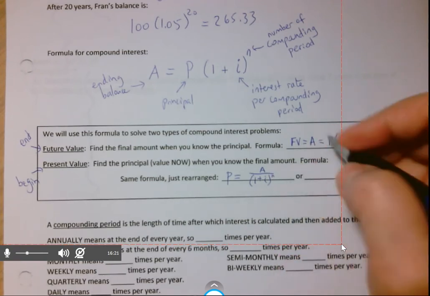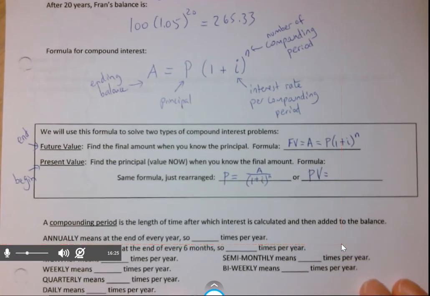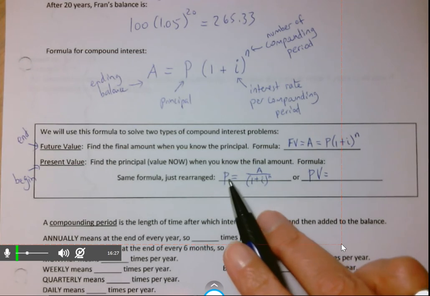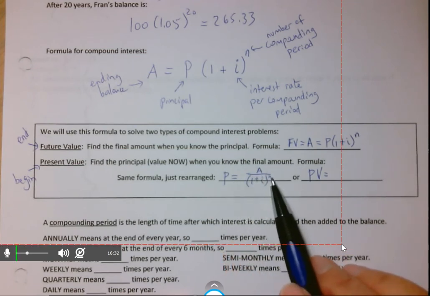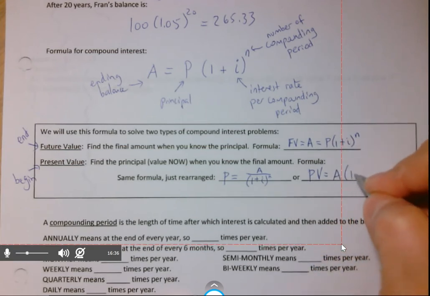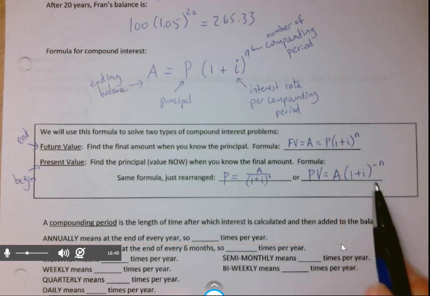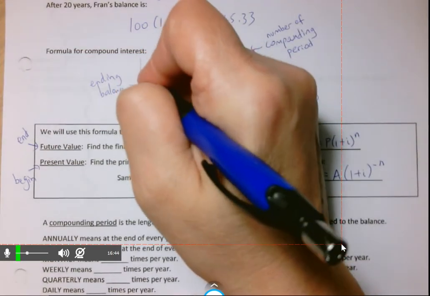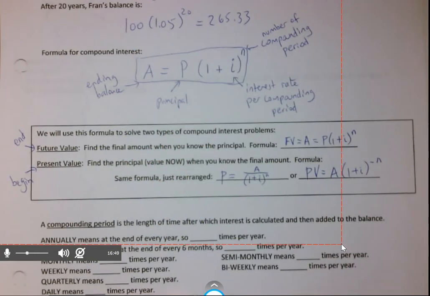Or you can use the word present value. You might see this in the textbook: present value instead of principal, same thing. And instead of writing it as a fraction, they will write the N as a negative exponent, like this: A times 1 plus I, but to the negative N. Notice these are all exactly the same formula. So really, all you have to do is know this one. You're welcome to make note of the others, but it's the same thing.